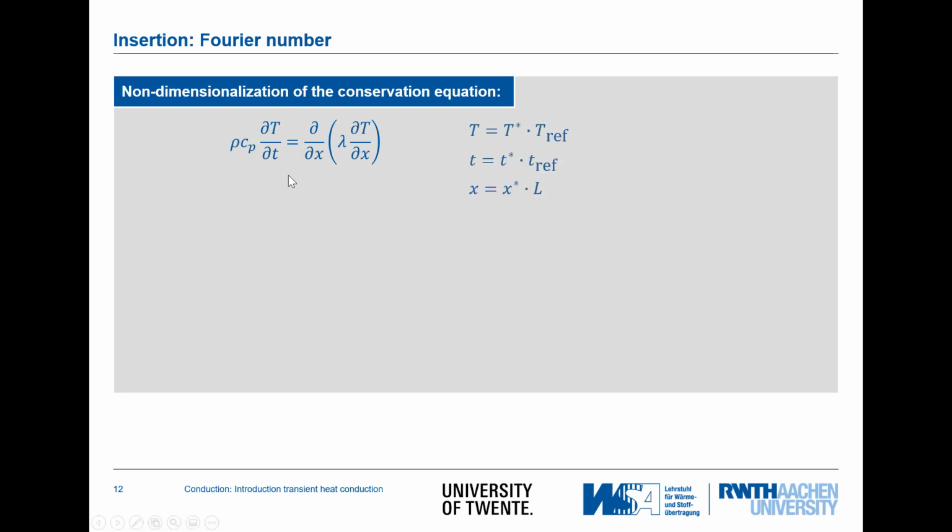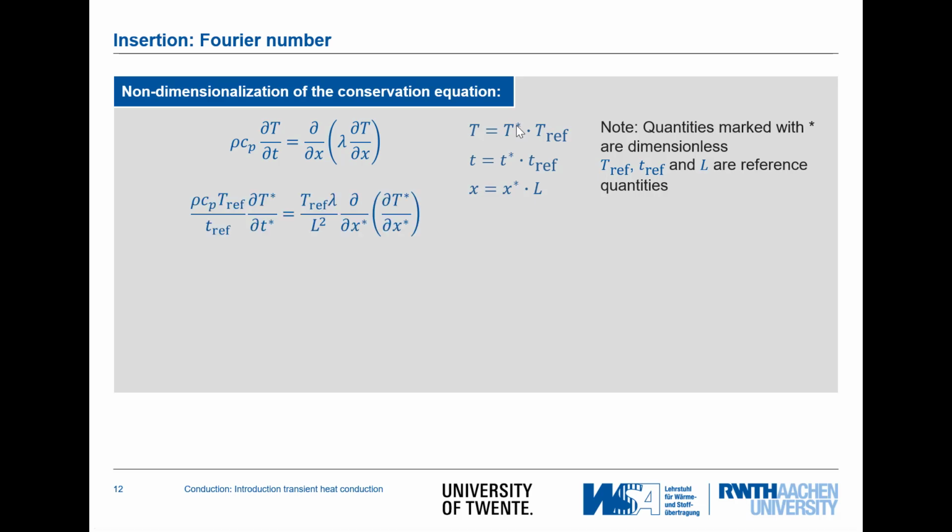To make this equation dimensionless, we have to introduce variables: the dimensionless variables t star and x star, and the dimensionless variable times a reference time or a reference temperature will then be the time and the temperature, and the same applies for the spatial coordinate x. So these star variables are the ones that are dimensionless, and the reference values are of course the reference quantities.